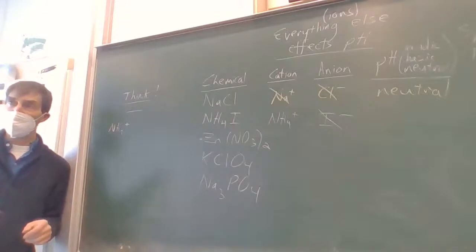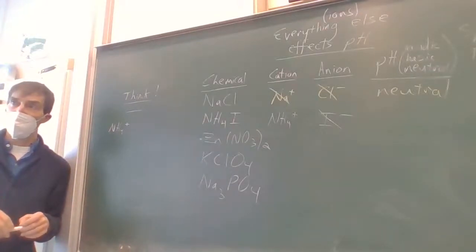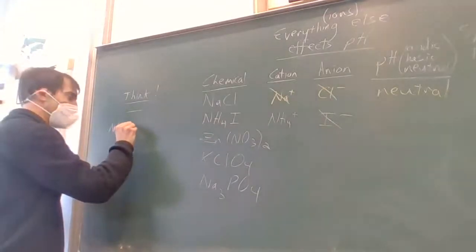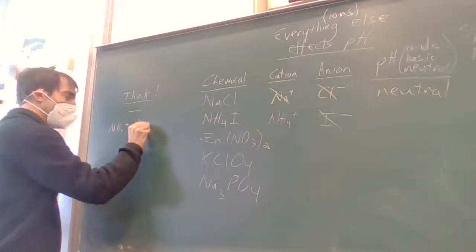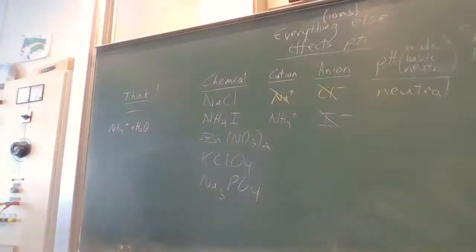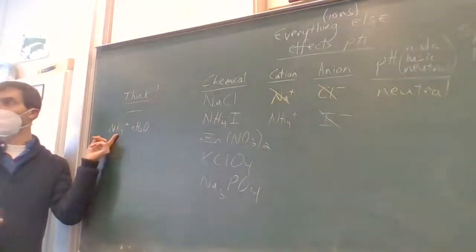Okay, and Sophie, do you have a question? Well, that's my question. So we're going to add it to water. And remember, everybody, think of water being made of what two things? What two ions? Louisa? Good. Which one will the NH4+ grab? You got it.